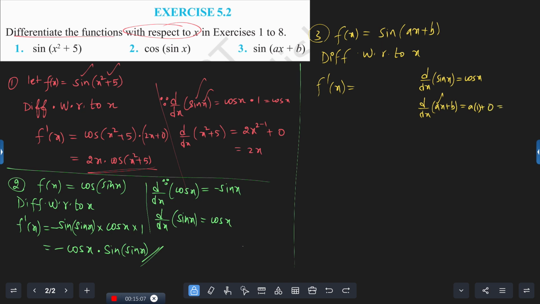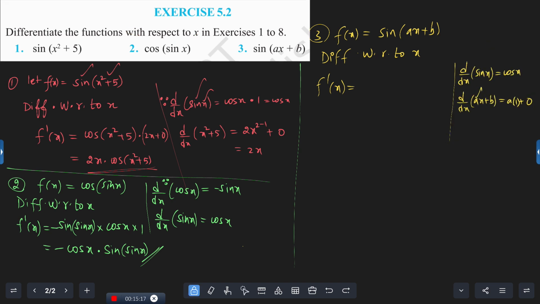Okay, so this is the derivative of both. Now we'll use this. Listen, sine derivative we have the formula cos of the angle; here the angle is ax plus b.